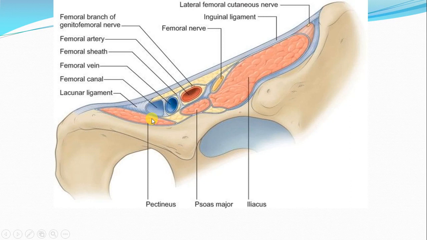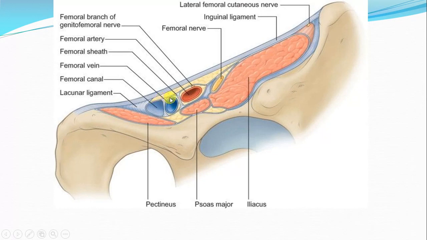And if you come a little bit medially, it's the pectineal muscle which is also covered by the fascia. So posteriorly it is formed by the iliopsoas fascia, and here you can see it is beneath the fascia, and here is the anterior layer by the fascia transversalis.